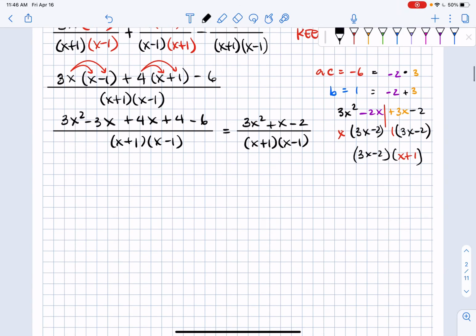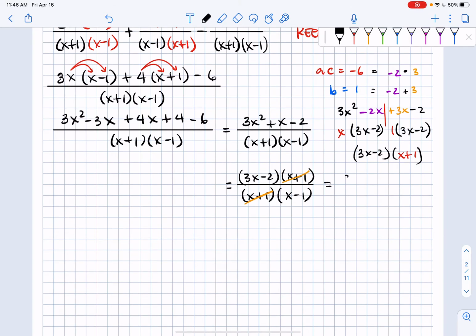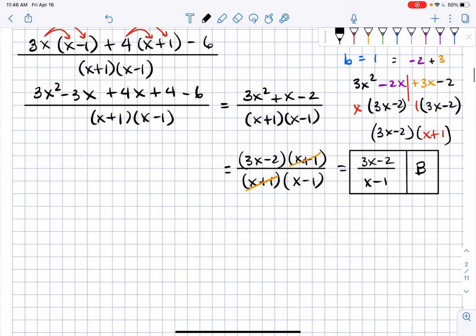All right, so this right here is going to equal 3x minus 2 times an x plus 1 over an x plus 1 times x minus 1. And we see the x plus 1 over x plus 1 will equal 1. So what I really have is a 3x minus 2 over an x minus 1. And that, ladies and gentlemen, is choice B. So there is my answer right there. All right, on to the next.